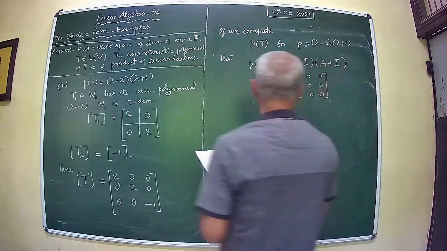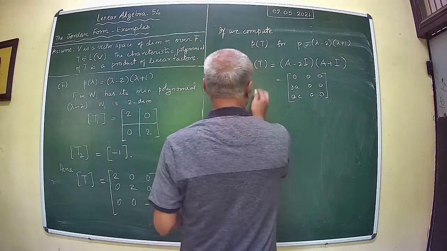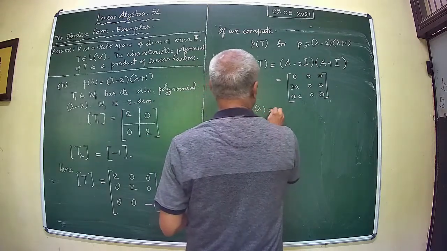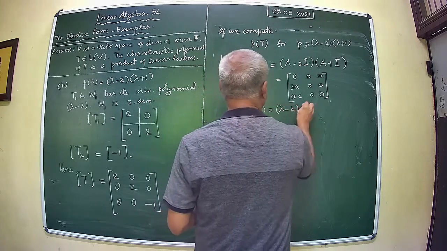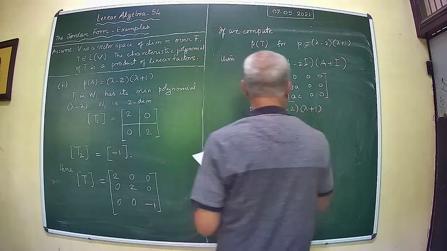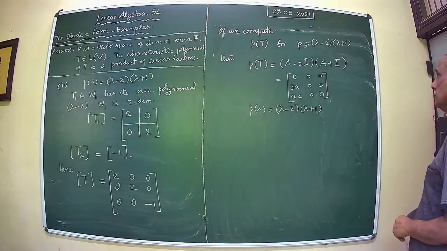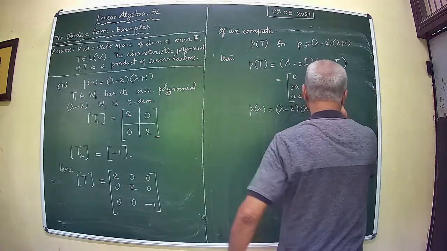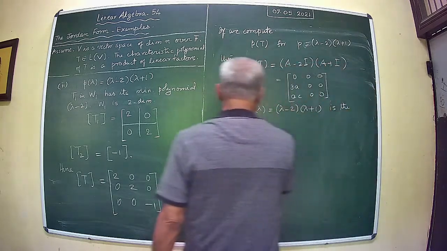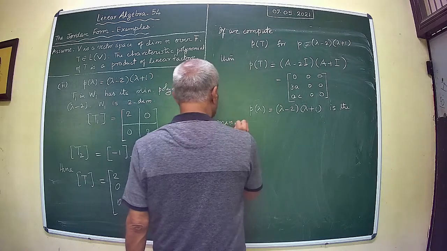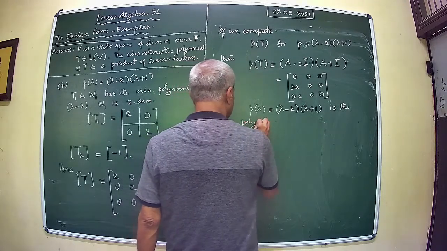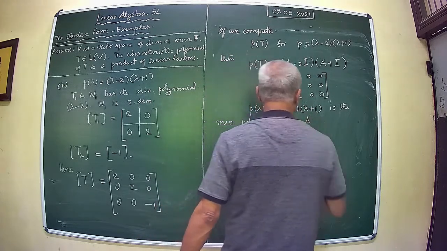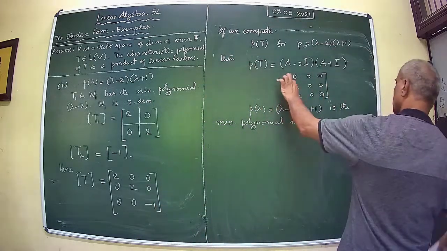Now you see that f lambda, that is P lambda, is the minimal polynomial only if these two become 0.